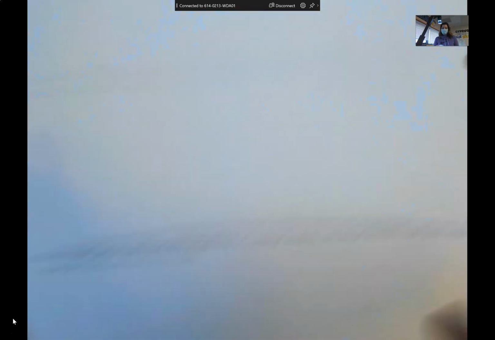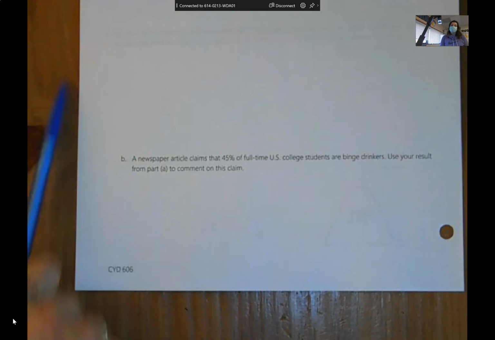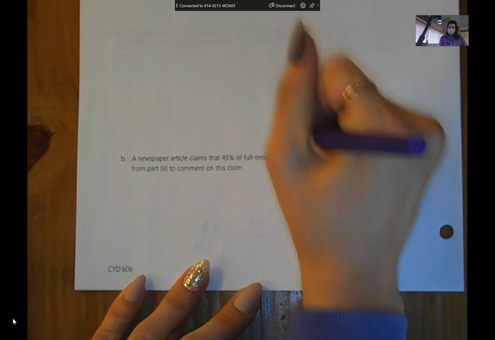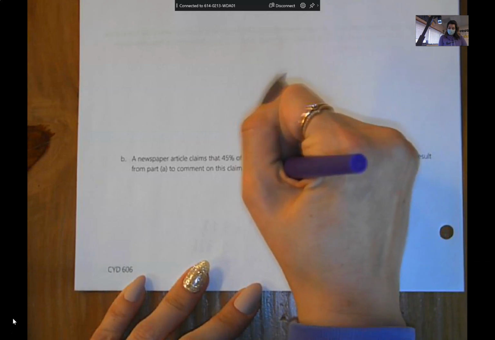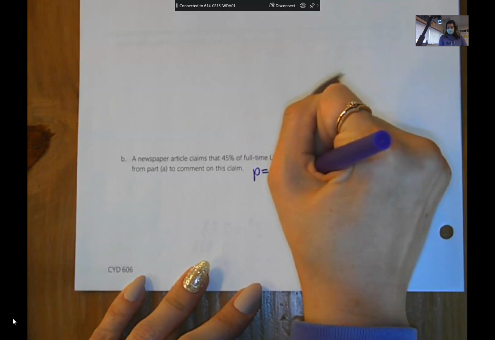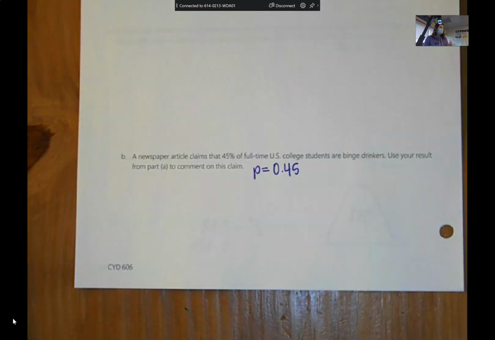For 35B and 36B, one thing to keep in mind is that they are asking if a specific value is plausible. And in both cases, it is a P of 45. So they're specifically asking about one value.